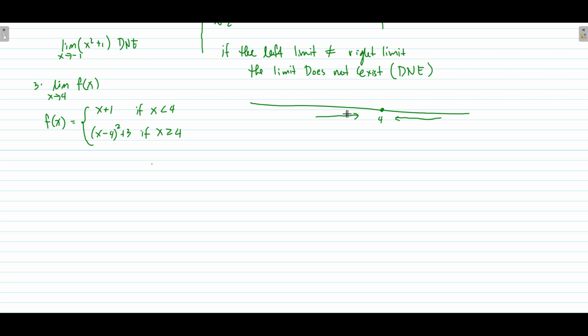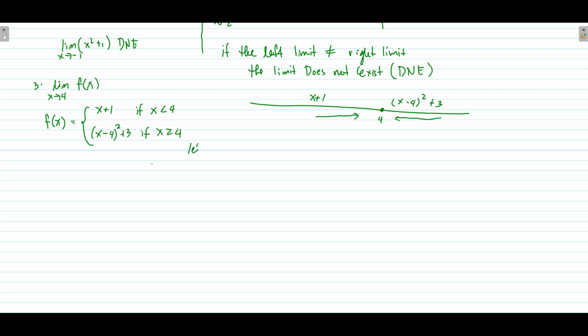Since they are lesser than 4, it's going to be x plus 1, no? Ito yung function na gagamitin natin. At the other hand naman, since mga greater than 4 or equal to 4 ang gagamitin natin, it's going to be the quantity x minus 4 raised to 2 plus 3. Ito yung function na gagamitin natin.